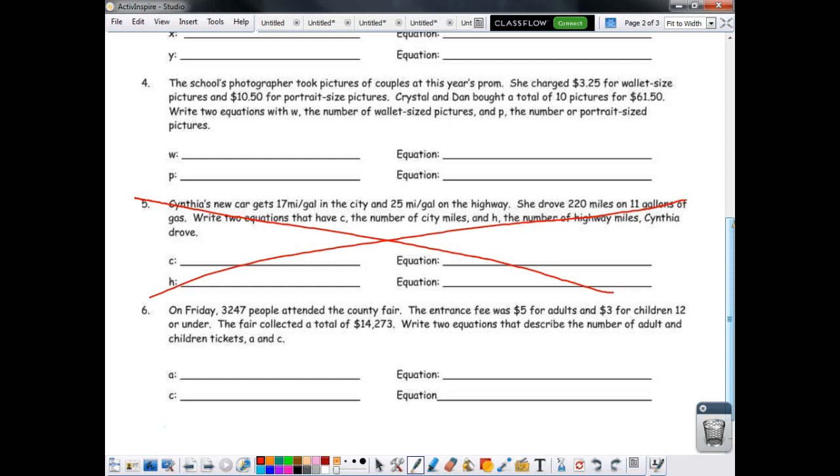The last sentence basically told you what W and P are. W is the number of wallet pics, and P is the number of portrait pics.